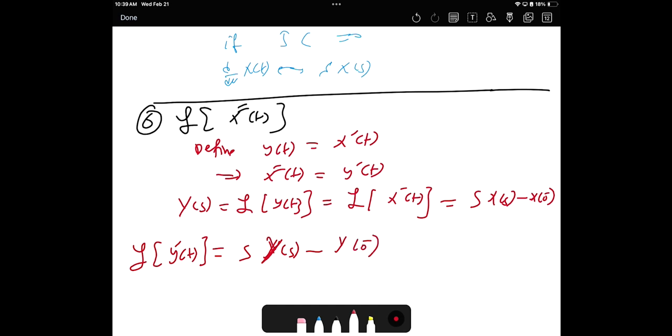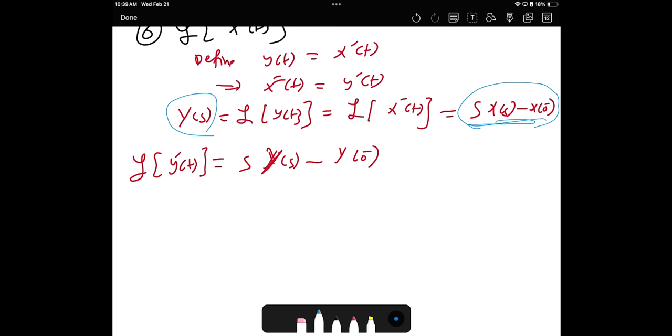Now we already know Y here: s X of s minus x of 0. So let's substitute them here. This yields s between brackets X of s minus x of 0 negative, then minus here y of 0.